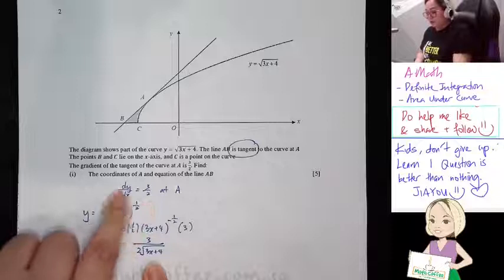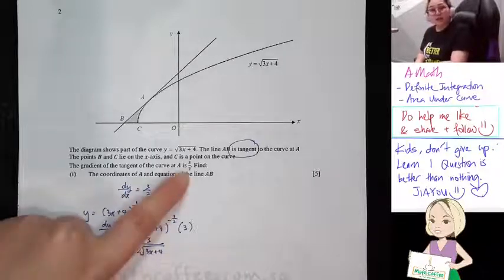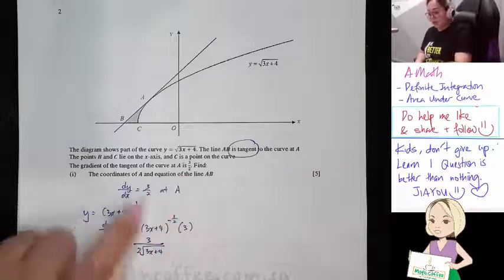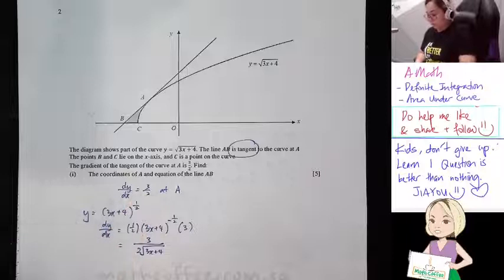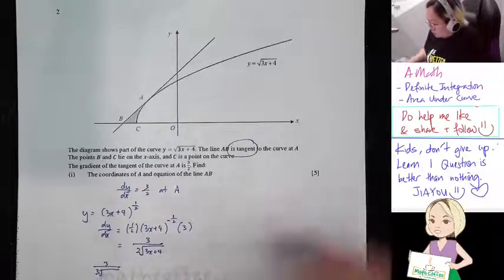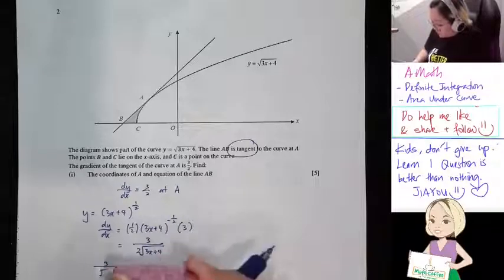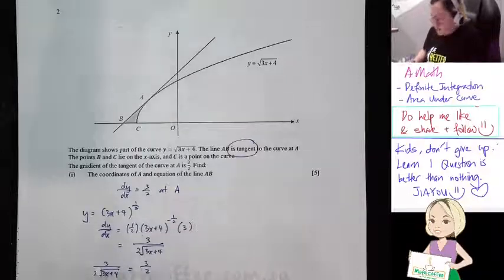So dy dx is equal to 3 over 2 at A. We can find out the x coordinate of A by setting dy dx equal to 3 over 2. So I'll let 3 over 2 square root 3x plus 4 equal 3 over 2.